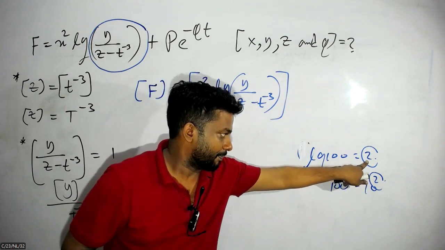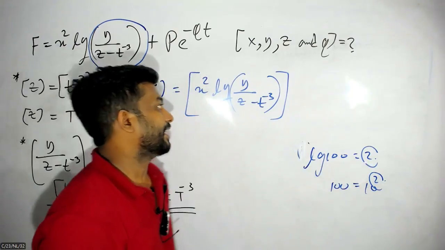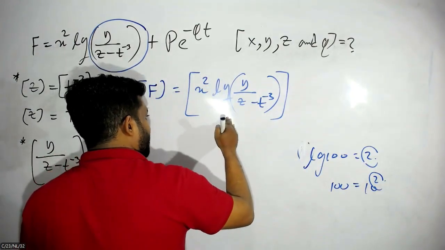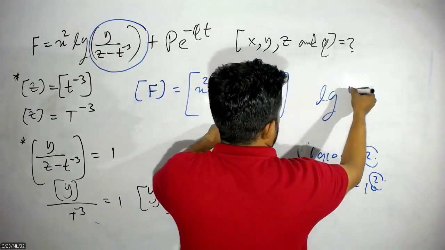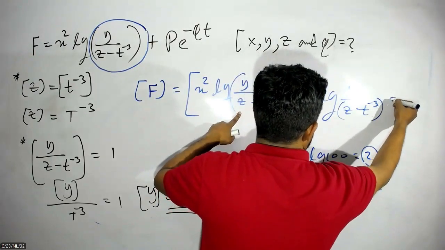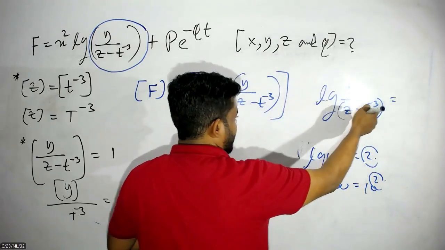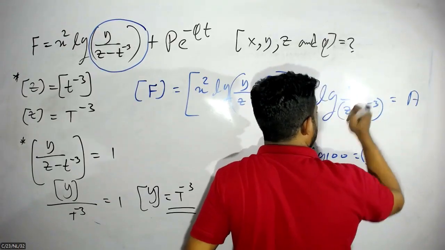This one should be a number. It cannot have dimensions. Therefore, when you substitute the relevant value, for example, if the log value of y over z minus t to the power minus 3 is a, then this one should be a 10th power that gives the same number.